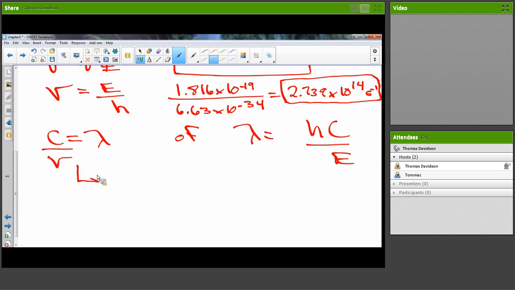So I just take the speed of light in nanometers, 3 times 10 to the 17th, and I divide it by my frequency, 2.739 times 10 to the 14th. That might show up eventually.